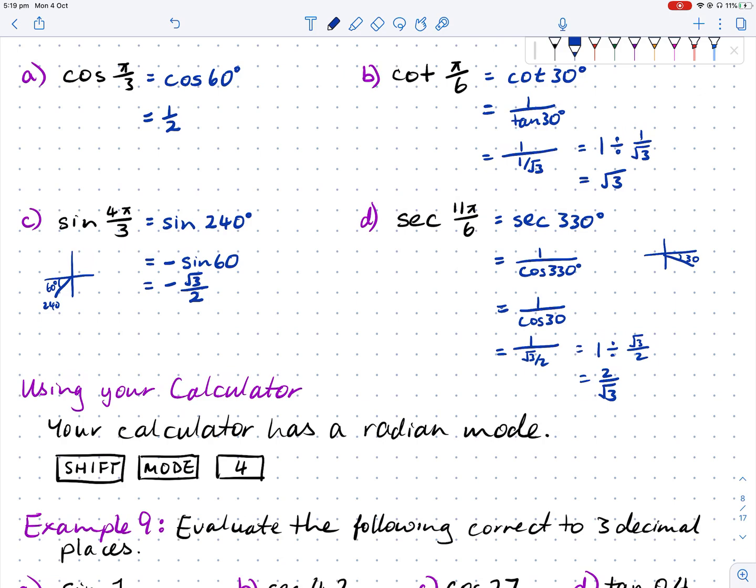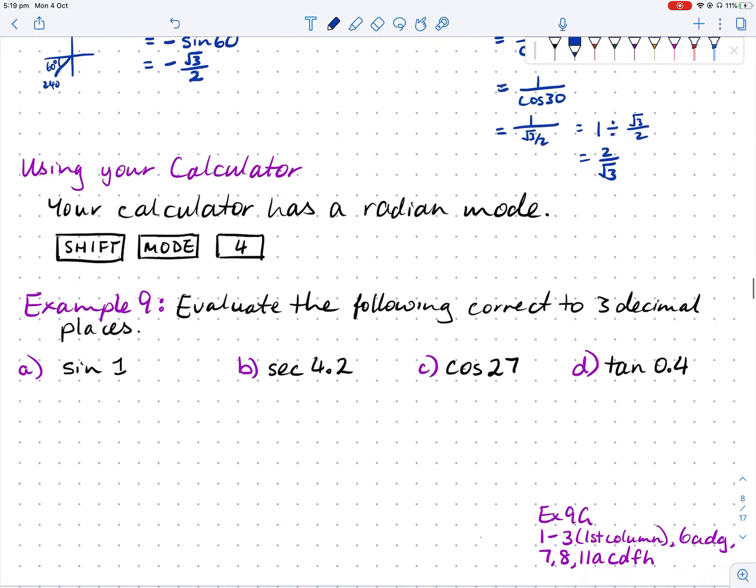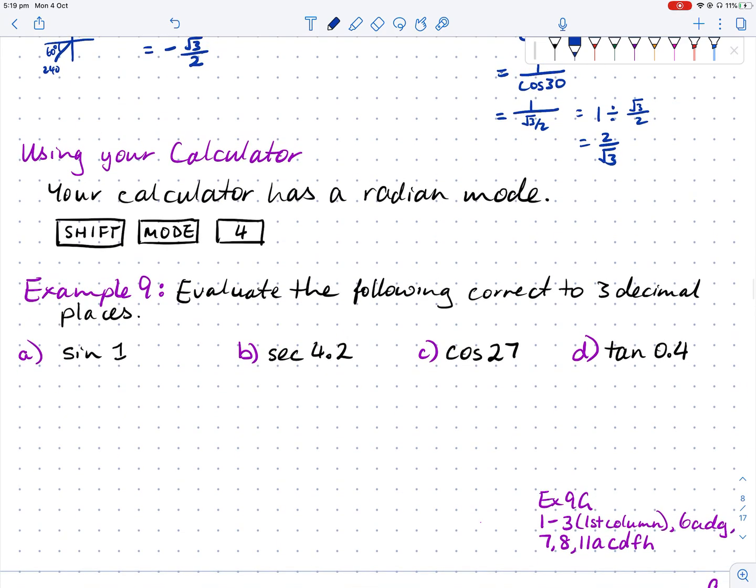Now, your calculator will also do calculations in radians, okay? But it is important that you put your calculator into the correct format. If you remember right at the beginning when you first started to learn trigonometry, the first thing that your teacher would have told you to do is check that your calculator is in D mode.